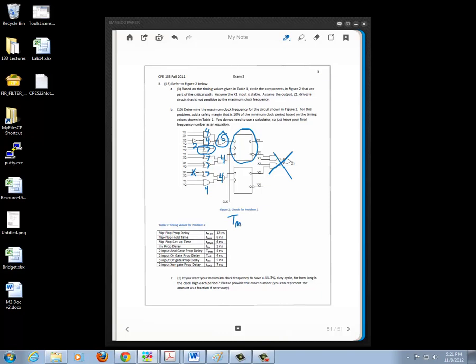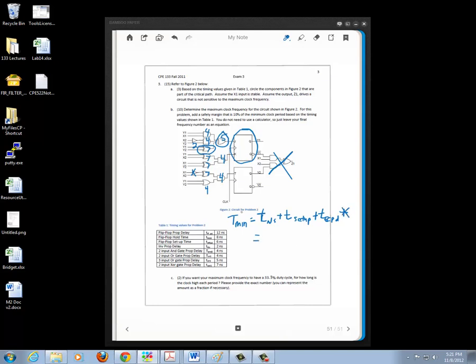Tmin is going to be equal to T next state, plus T setup, plus, now here we look at whether the propagation time or the hold time is longer. Because the propagation time is longer, we're going to use that. So T flip-flop PD, plus our safety margin. But we don't know what it is yet, so we're not going to add that in.